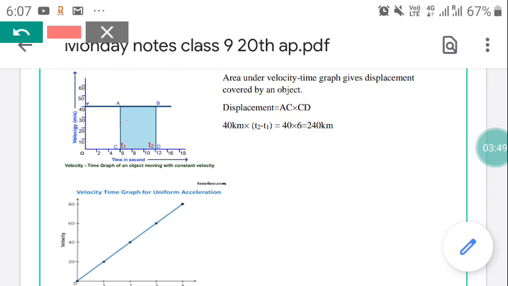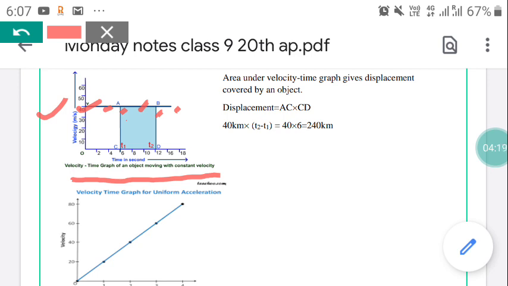See here, this is a velocity time graph of an object moving with constant velocity. Like you can see in this graph, after 2 seconds the velocity of your car is 40. Then after 4 seconds it remains 40. Then 6, 40, 40. So it will also be a straight line parallel to the time axis.